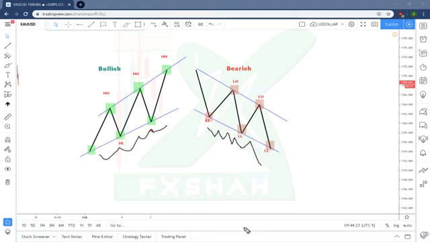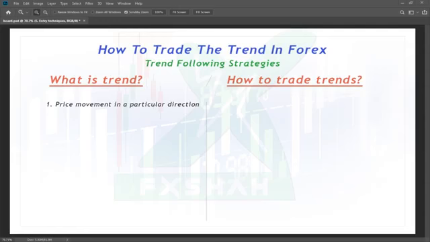We will talk about this later, but this is just a diagram showing a specific price direction. So movement in a particular direction is a trend, right?